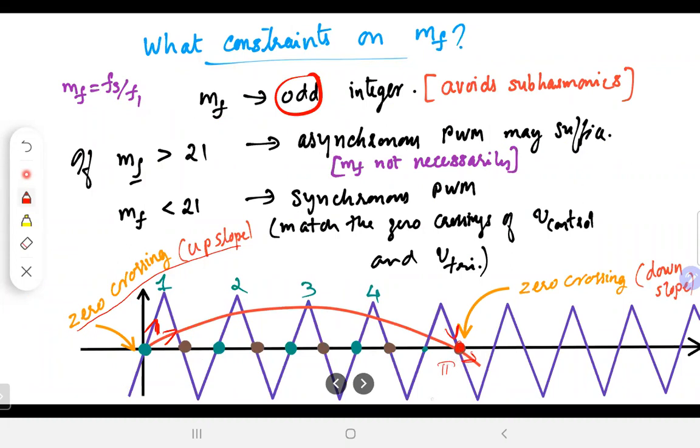So the triangle would have been like this. The sine would go down, the triangle would go up, and that could result in slight amount of more harmonic content than the odd integer. Anyway, so we match the zero crossings. We ensure that the slopes are also in the same direction, and that gives us the best harmonic performance.